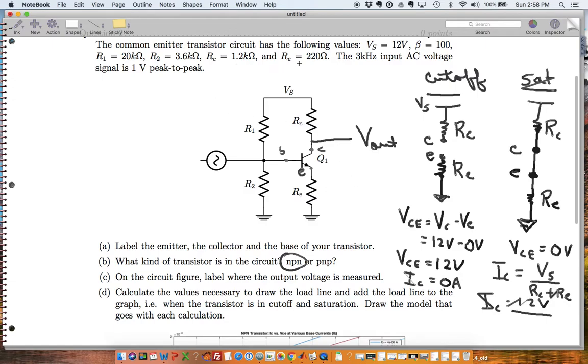So I'm going to add these two together. So I'm going to have 1,420 ohms. Let me just pull up my calculator.